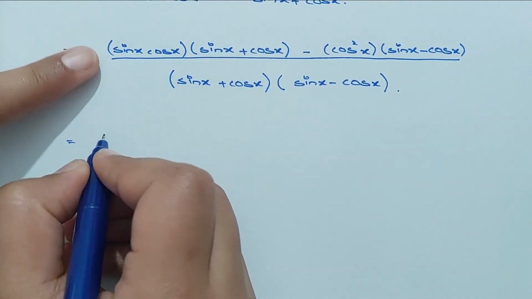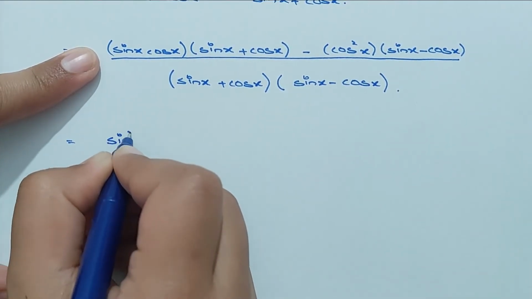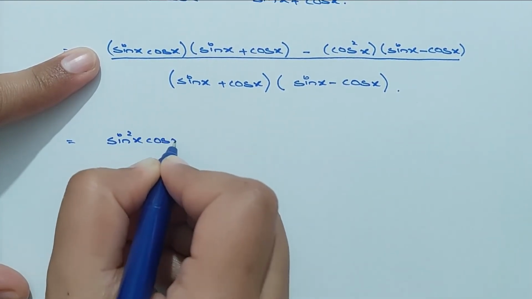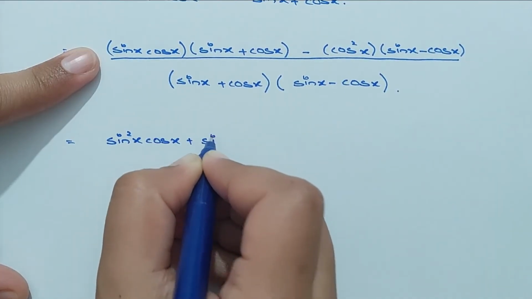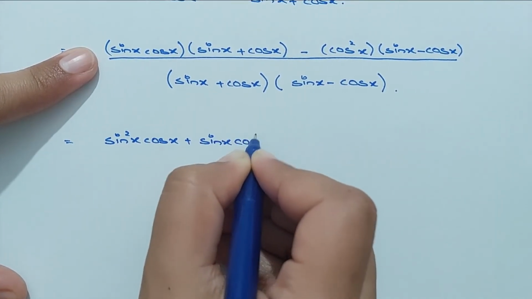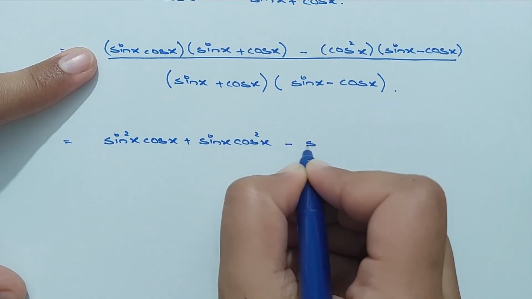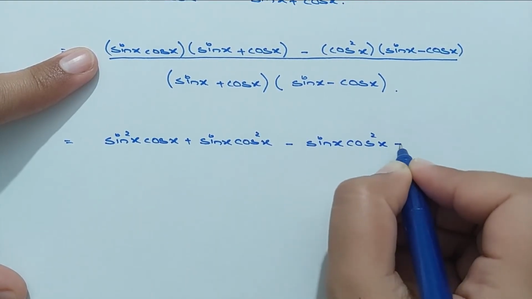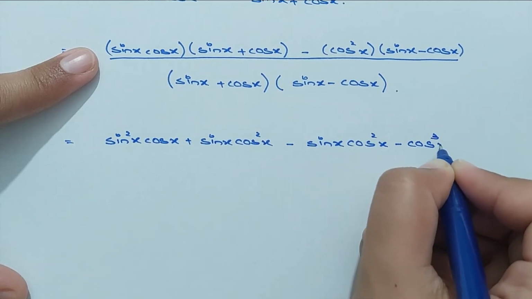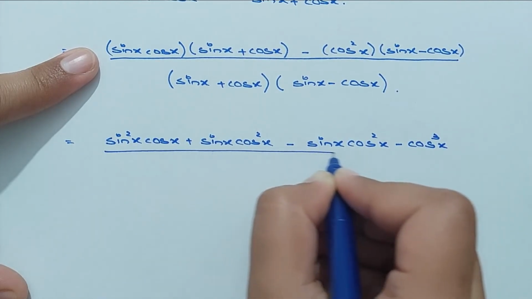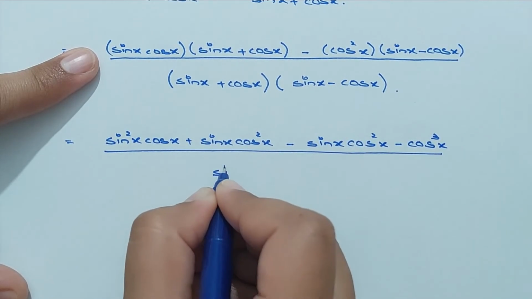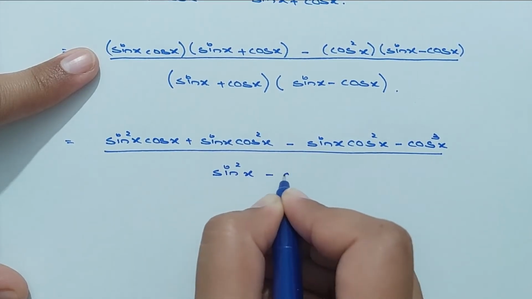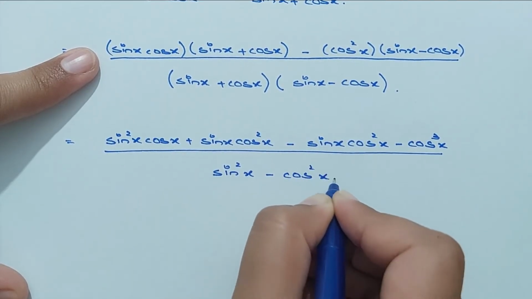So we have sin square x cos x plus sin x cos square x minus sin x cos square x minus cos cube x, and in the denominator we have sin square x minus cos square x.